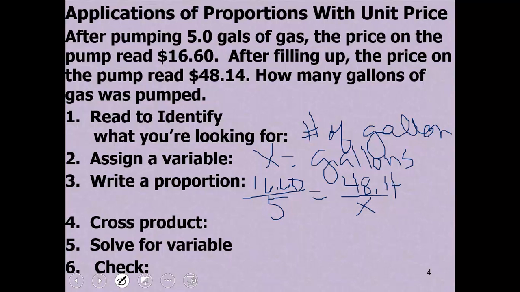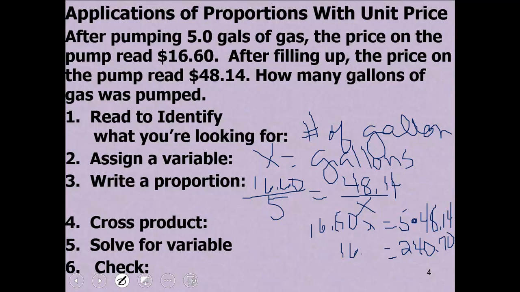Now all we have to do is cross multiply and solve for the variable. So I get 1660x equals 5 times 48.14. All right, so 5 times 48.14 is 240.70.